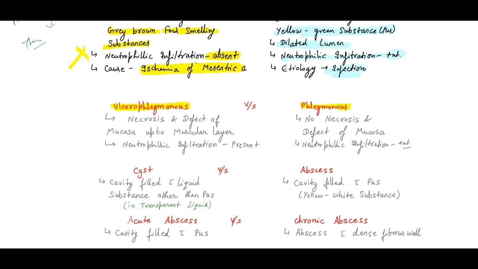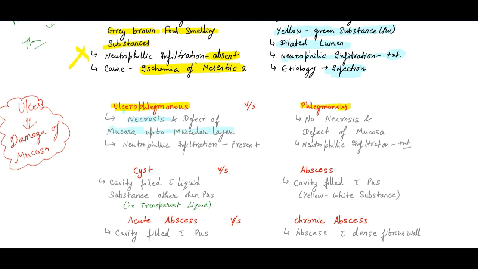Then next is ulcerophlegmonous versus phlegmonous. Remember, in ulcerophlegmonous there is necrosis present. And whenever you find an ulcer, or see in the question something about damage of the mucosa, there is a defect of the mucosa up to the muscular layer.